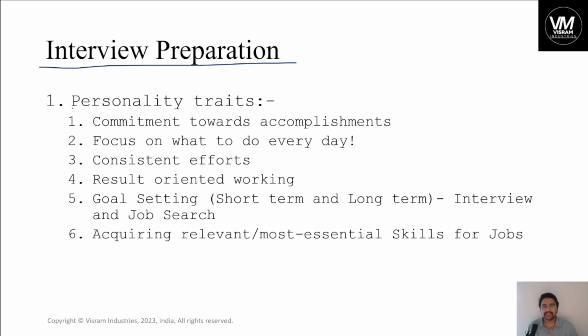First thing, personality traits. I want you to make a note of these things. What habits you should have, or what personality traits you should be having. Commitment towards the accomplishments. For example, if you take a single task for the next 2 or 3 hours for the short term goal, take the task, complete it, and then shift on to the next task, so that you will be boosting up your confidence.